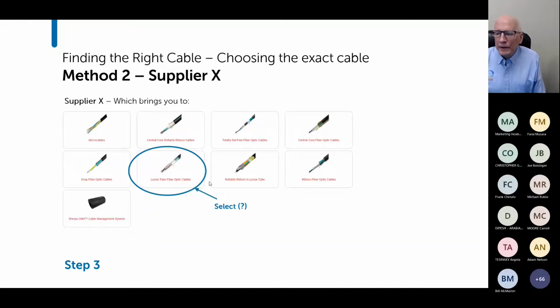Then you see this screen: micro cables, central core, rollable ribbon cables, totally gel-free fiber optic cables, central core fiber optic cables, drop fiber optic cables, loose tube fiber optic cables, rollable ribbon fiber. Okay, loose tube fiber optic cables. ADSS is usually loose tube, so let's go with that.